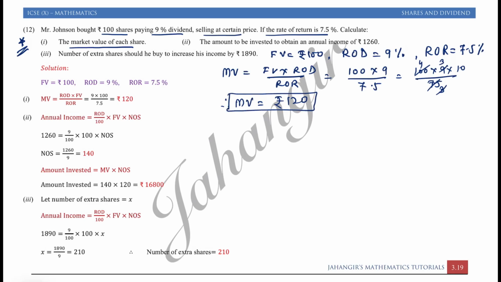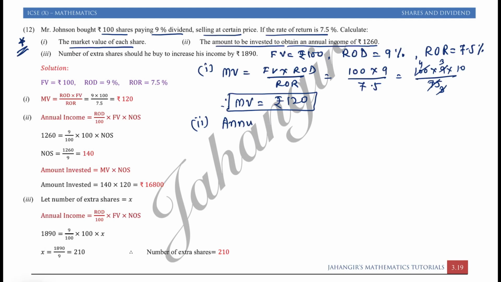Here you get the first part, the market value. Now the second part is annual income: the amount to be invested to obtain an annual income of rupees 1260. We know the annual income, so here we will find how many shares have been bought.